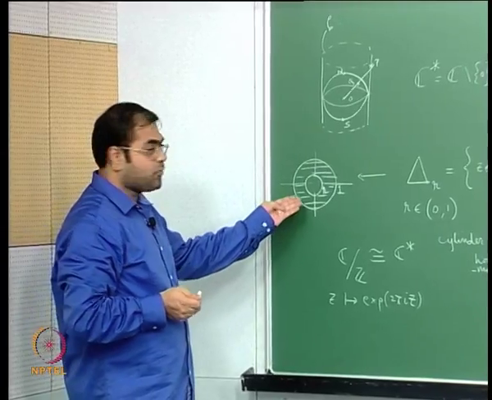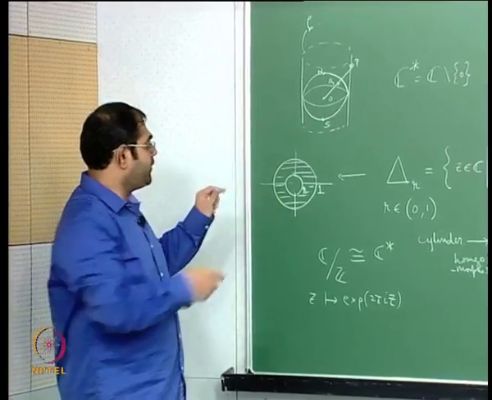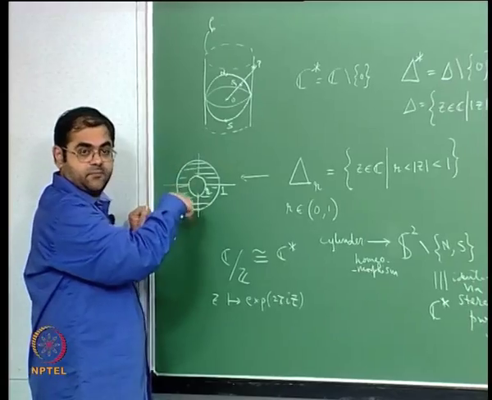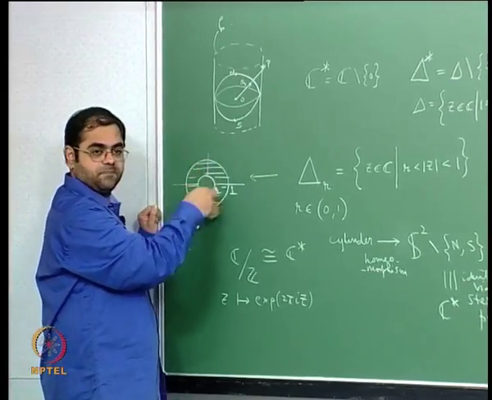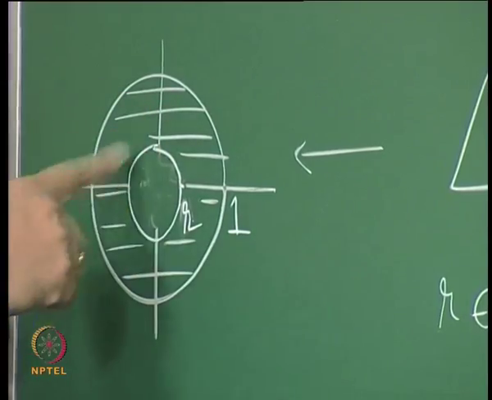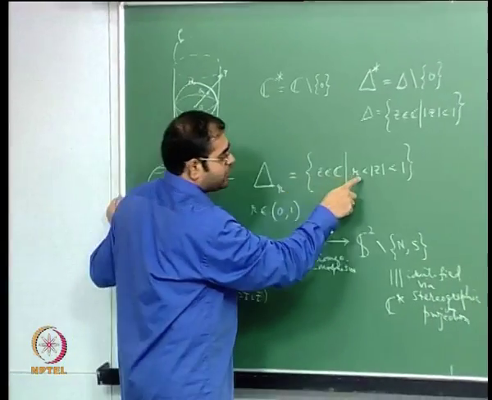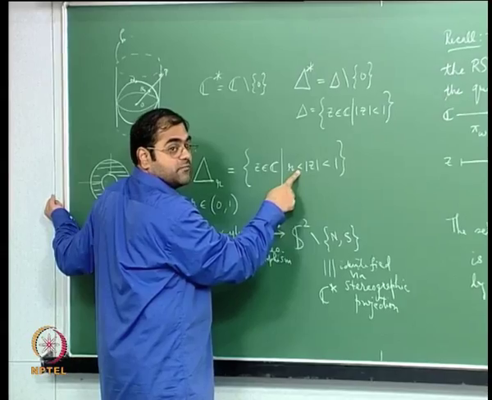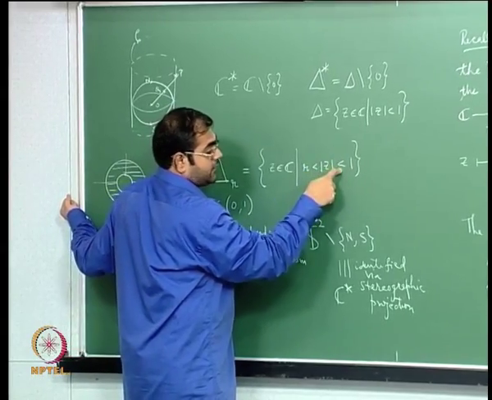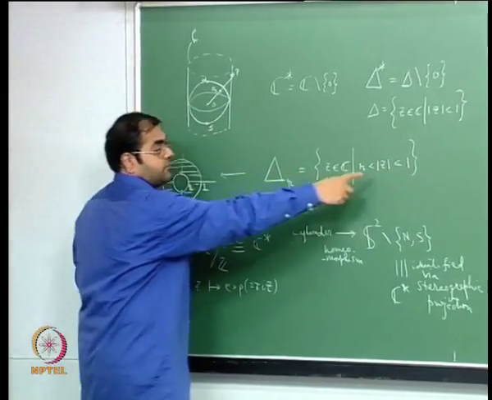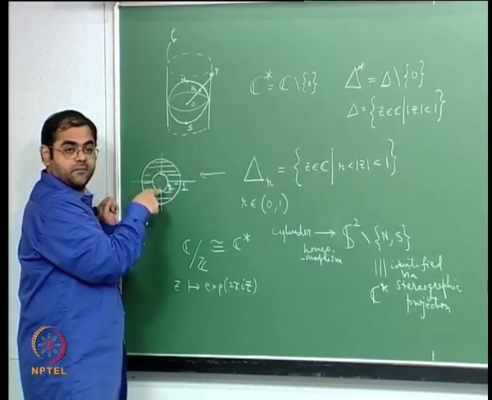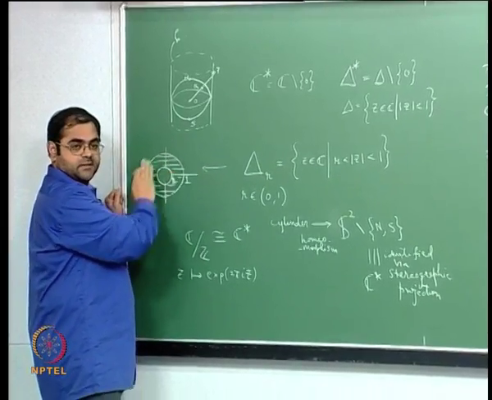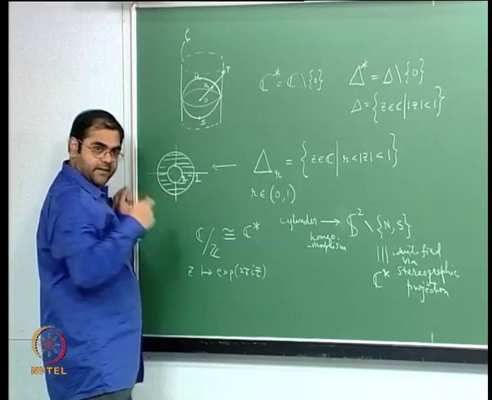So this is an open subset of the complex plane. Mind you, the boundary circles are not included. It's the interior; you remove the boundary circles. The boundary circles will be included only if I put less than or equal to: the inner circle is included only if I put less than or equal to here, and the outer circle only if I put less than or equal to there. So these boundary circles are not there. It's the interior of that, an open annulus, and that has a Riemann surface structure.